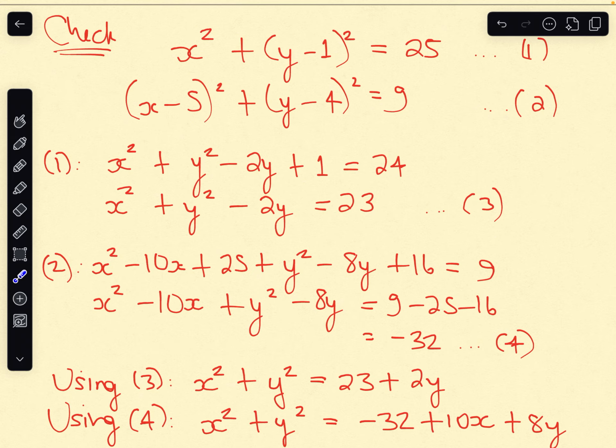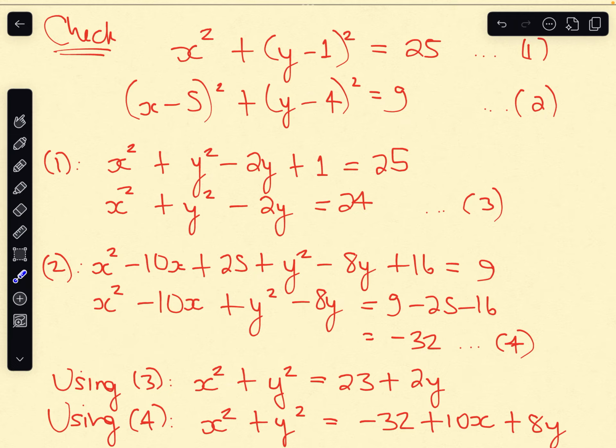Oh, okay, so this should have been 25, and then this should have been 24. Right? Here we were just expanding this, so this had to remain 25. And then we can minus 1 on both sides, and then that is equal to 24.